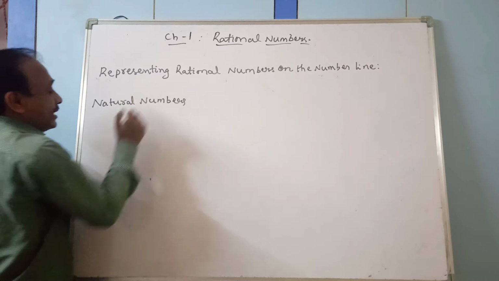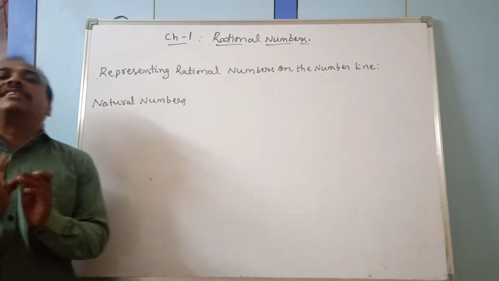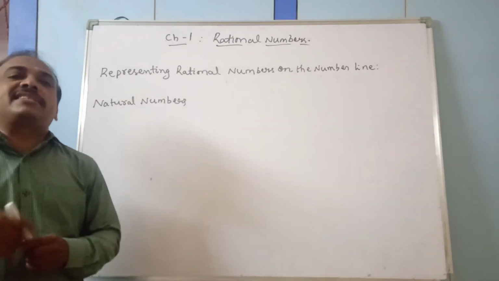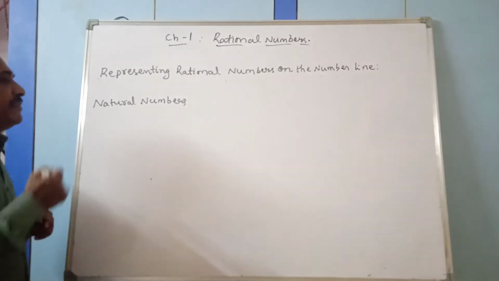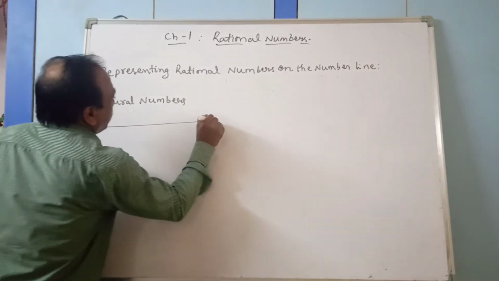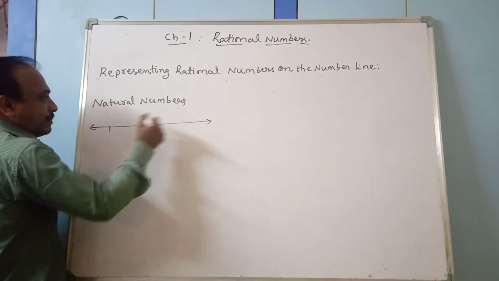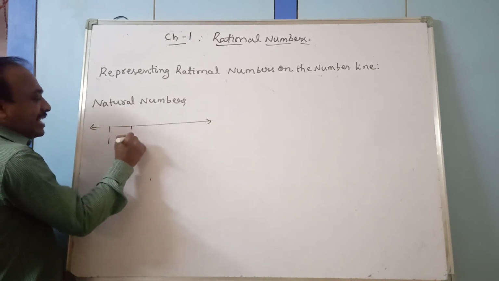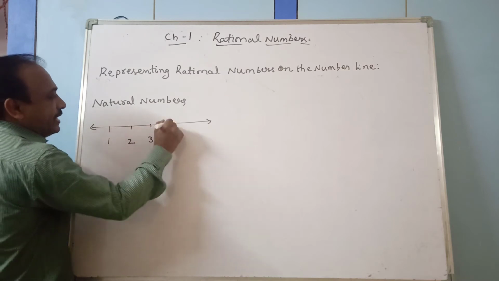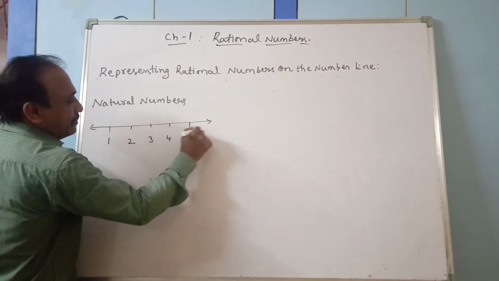You have to maintain equal distance between two successive numbers, equal space between the numbers. If we take here 1, this is about natural numbers. Equal distance you must maintain between the natural numbers.